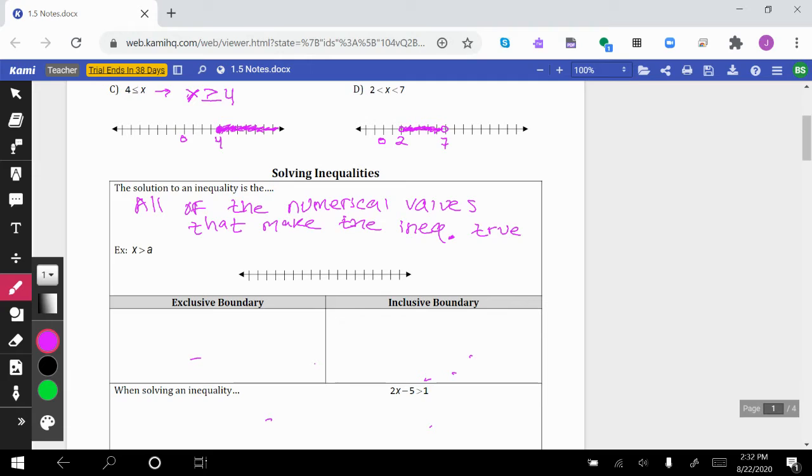In our example, we have x is greater than a. So I'm going to plot my 0, and I'm going to plot a, just assigning it a random value. A gets an open circle because it's just greater than. And then our solution is all of the values to the right, which is where I'm shading, because those are values that are larger than a.